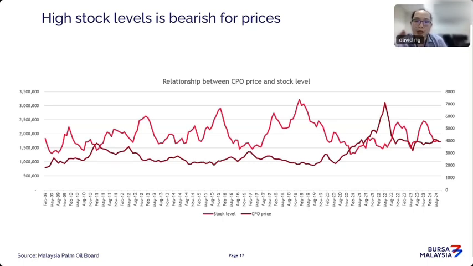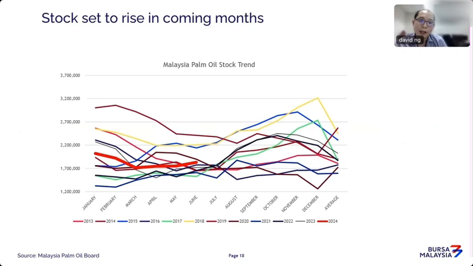So as long as we don't reach above the 2 million mark, safe to say that CPO prices are well supported. But once we breach the 2 million mark and go higher, CPO prices will find it difficult to climb or to face a rally. Now, in terms of pattern, you don't see much in stock levels. But notice this: over the years, we start to see stock levels climb around June to around September and October.